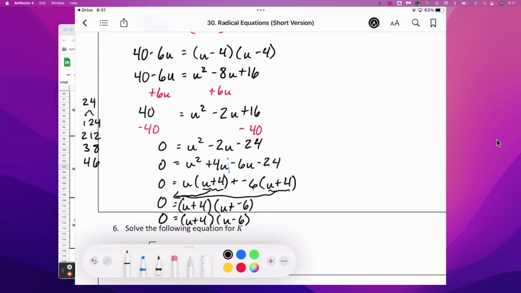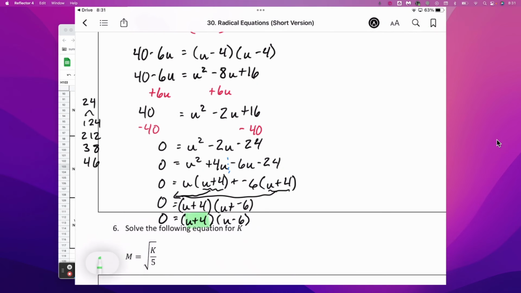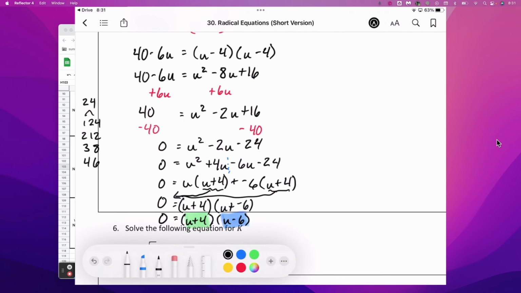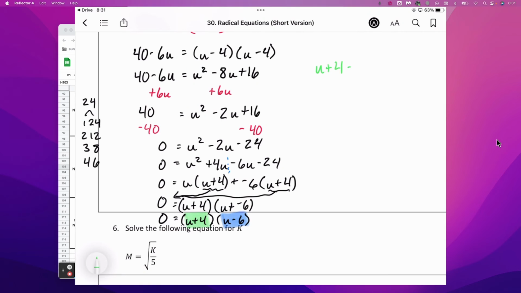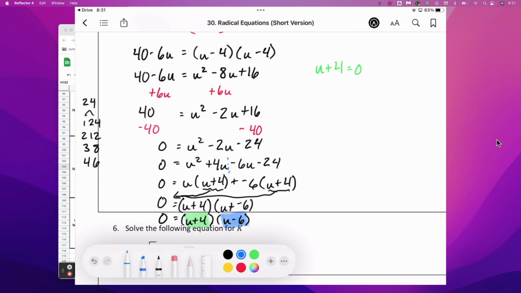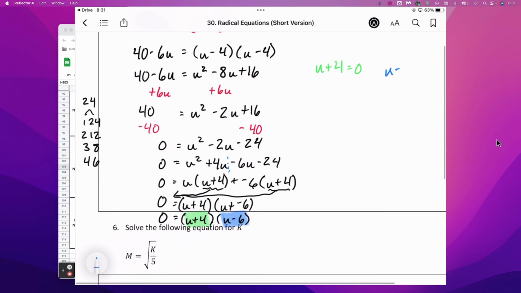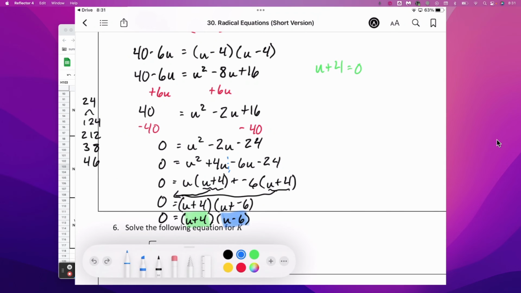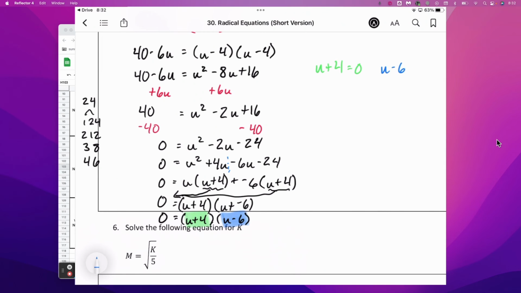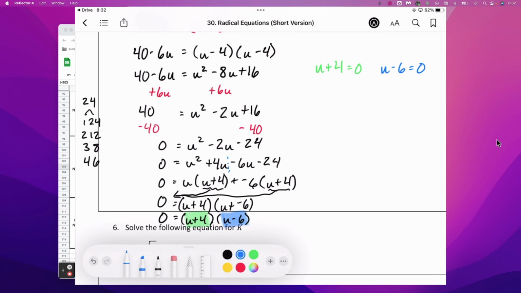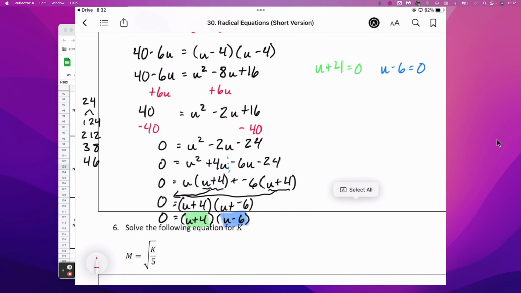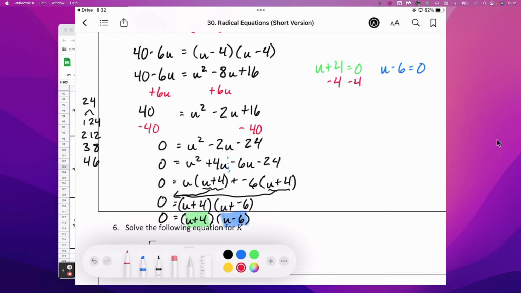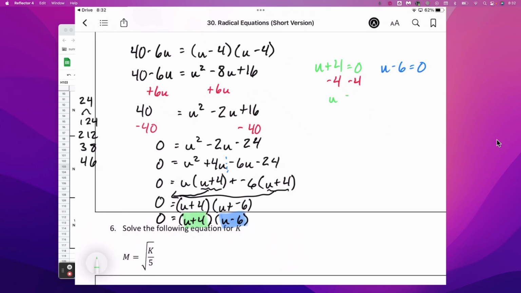And so, as we discussed in the last problem, if the green one becomes 0, the whole thing is 0. If the blue one becomes 0, the whole thing is 0. So we need to figure out what would make u plus 4 equal to 0, and what would make u minus 6 equal to 0. And so we'll go ahead and start on the u plus 4. We would subtract 4 from both sides and end with u is equal to negative 4.